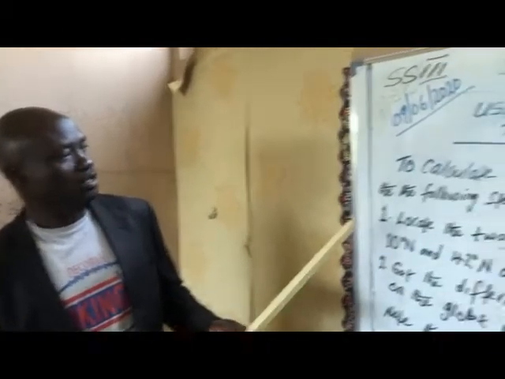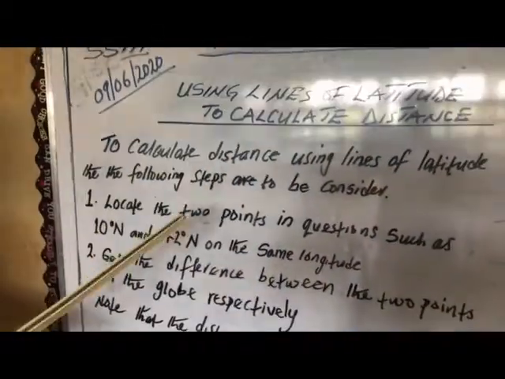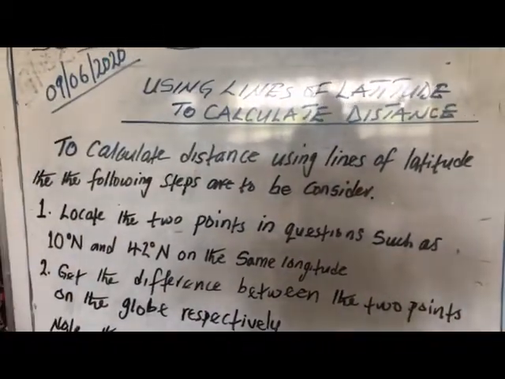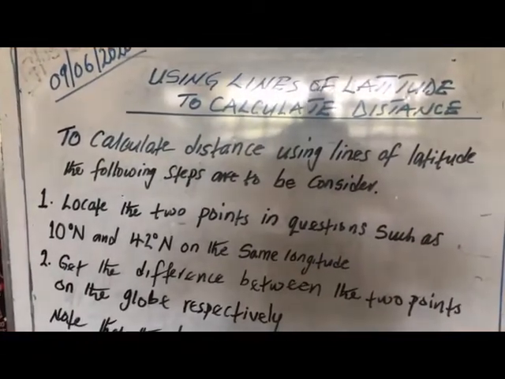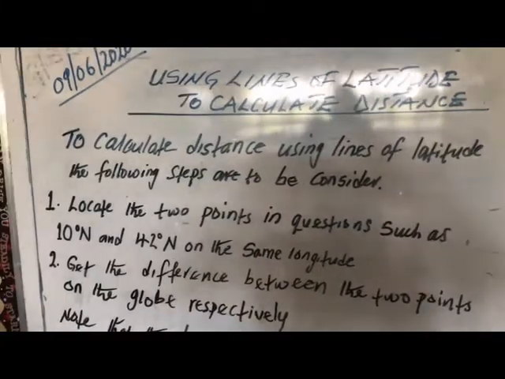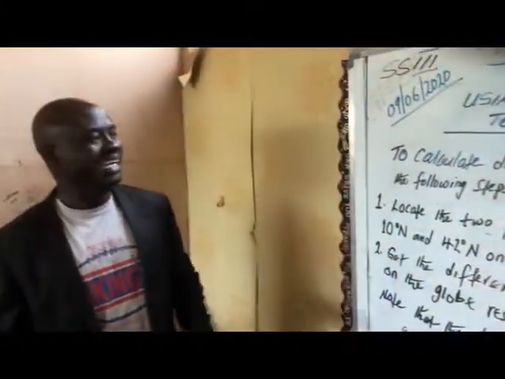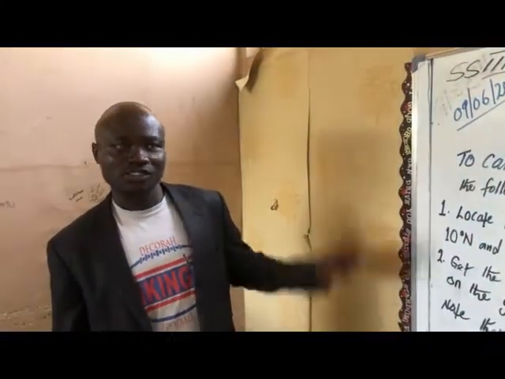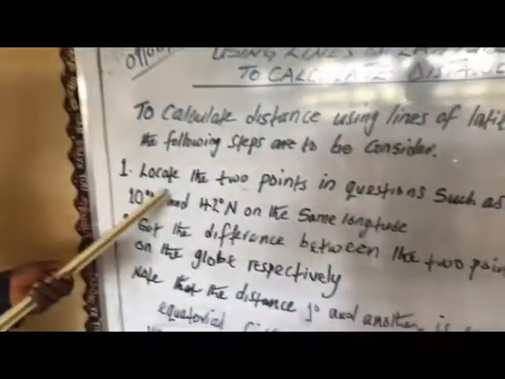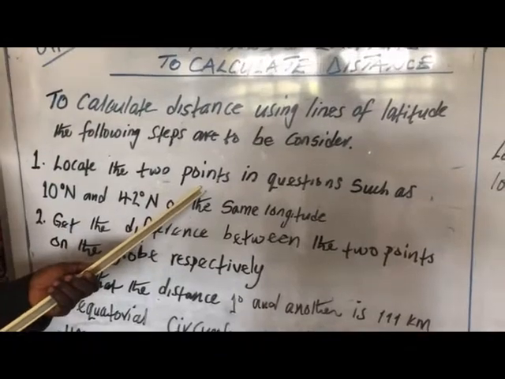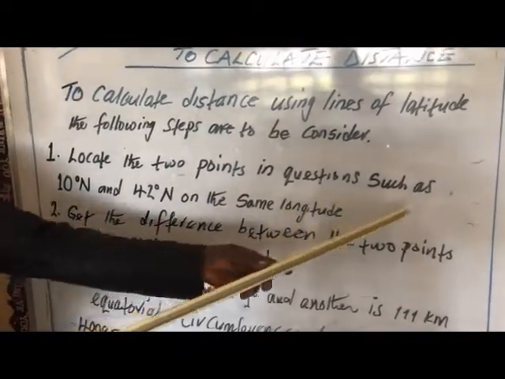Now, there are some steps to consider before any calculation. To calculate distance using lines of latitude, the following steps are to be considered one after the other. First, we have to locate the two points in question.